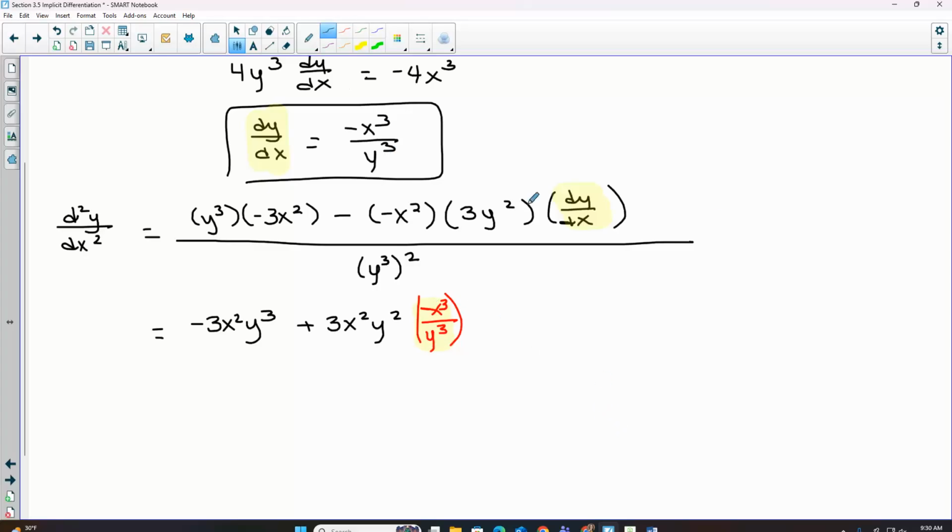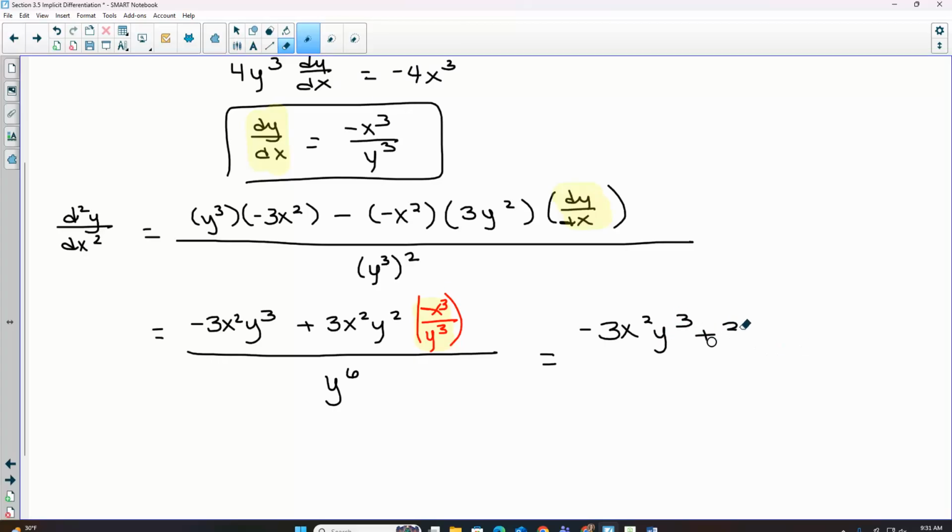So when you do the second derivative, you're always going to end up with a dy dx in there somewhere. And that's representing the first derivative, which we know, so you need to simplify that. So if I multiply those, I would get a negative 3x to the fifth over y. I can cancel out 2 of the y's.